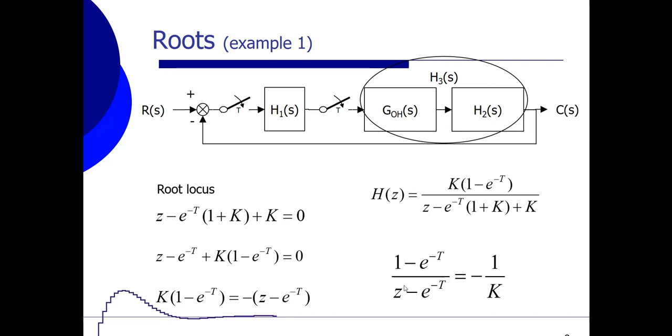So we write it out in this way, and that is what we did over here. But you can always see it directly by saying all the system blocks in my open loop, except for my proportional gain over here, have to be equal to minus 1 over K, and then use the rules of the root locus.